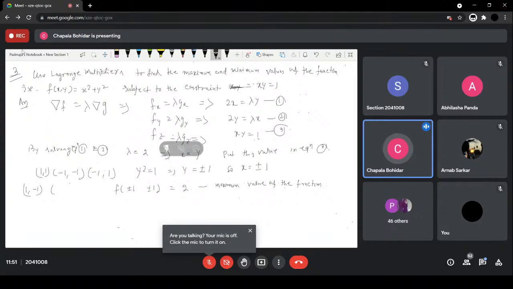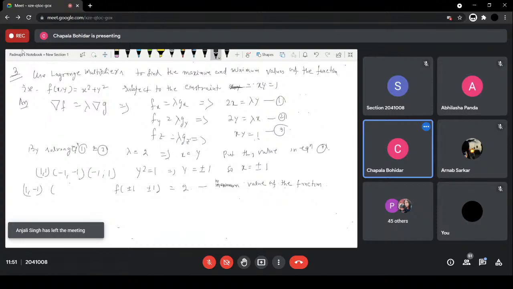It is your minimum value of the function, not maximum.